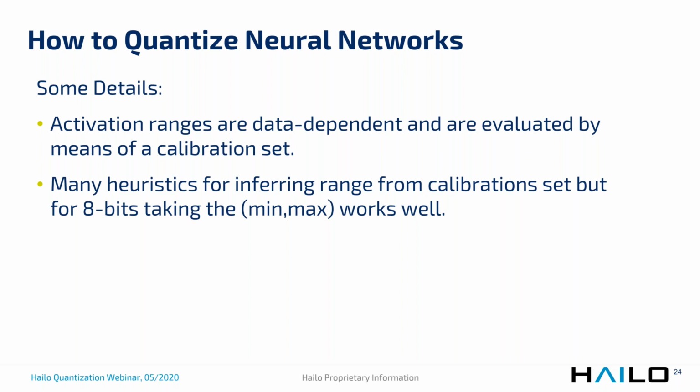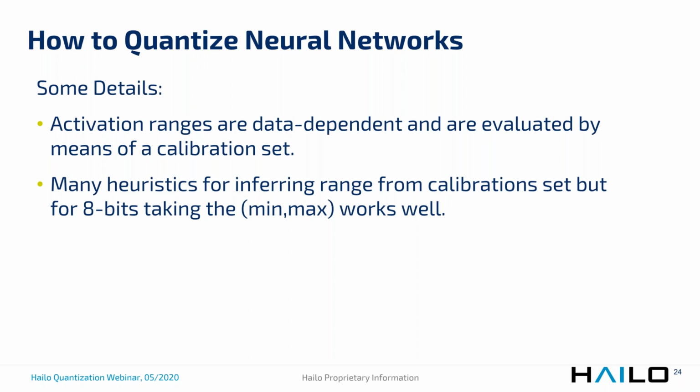And once we have these ranges, all we have to do is store the weights of the network in 8 bits, which we saw how to convert from full precision. And we need to store these scaling factors that will allow us to convert each layer into its quantized representation. And that's it. We are done. We've quantized the neural network.